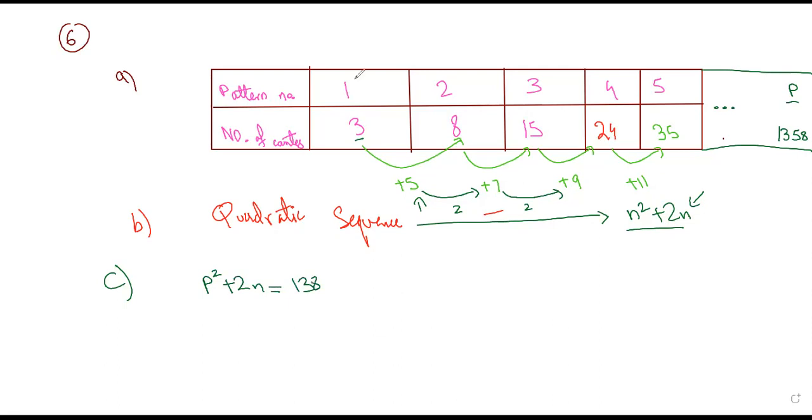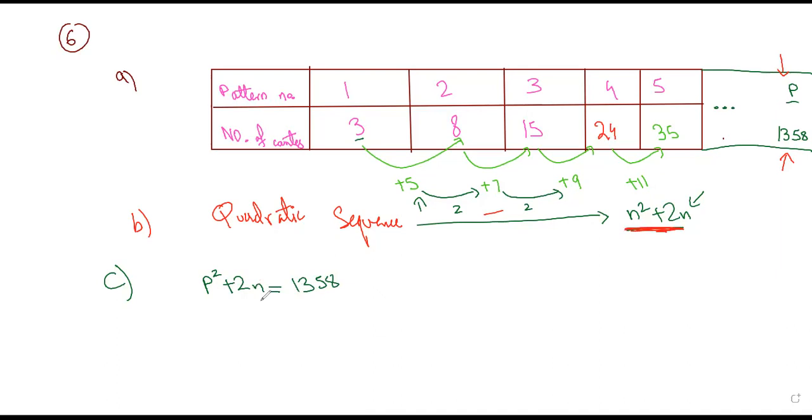I'll repeat. Basically, the question says Ken has a bag containing 1358 counters. He makes the largest possible pattern in the sequence, pattern P, and we need to find the value of P. So pattern number P is basically using 1358 counters, okay? So pattern n uses n square plus 2n counters.